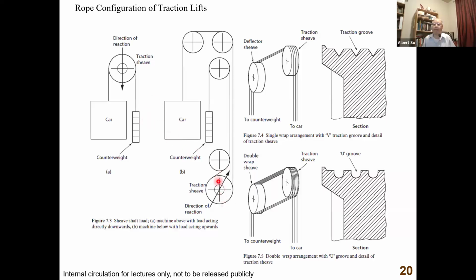Now, you have this type of drive at the pit at the bottom of the hoistway. It's not common, but we have this type of lift drive in Kowloon City, from when we still had the Kai Tak Airport, the old airport.